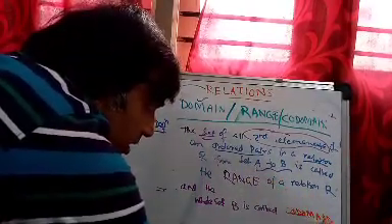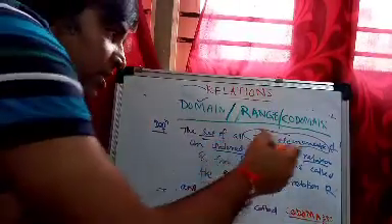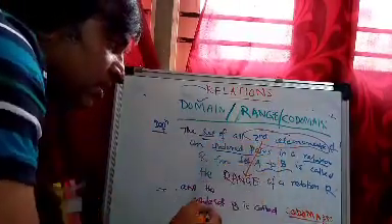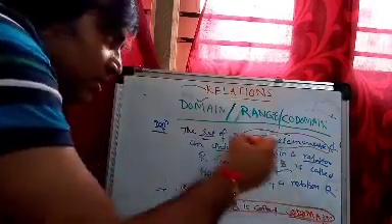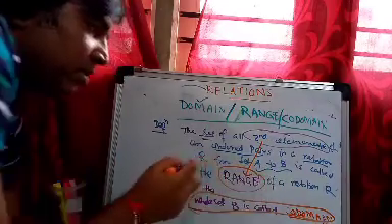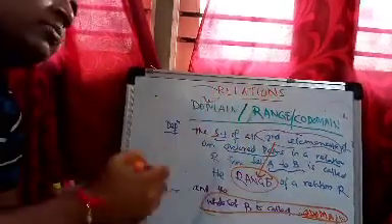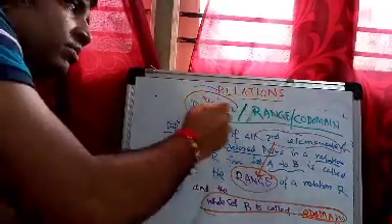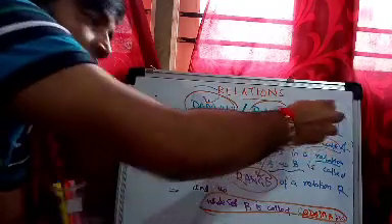If you don't understand, I will explain again. So the set of all second elements is called range, and the whole set B is called codomain. I will explain the difference between range and codomain, but for now understand the definitions: the first elements of the set are called domain, the second elements are called range, and the whole set is called codomain.